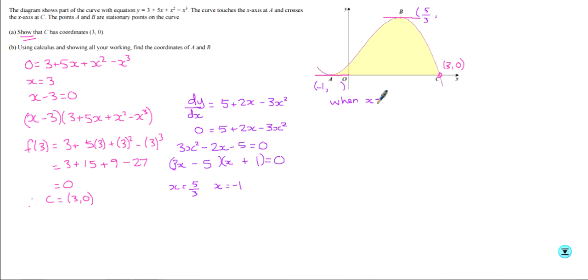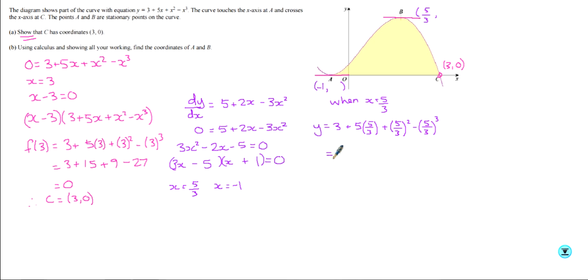So when x is 5/3, y is going to equal 3 plus 5 lots of 5/3 plus 5/3 squared minus 5/3 cubed. So I know some of you are going to grab your calculator straight away.